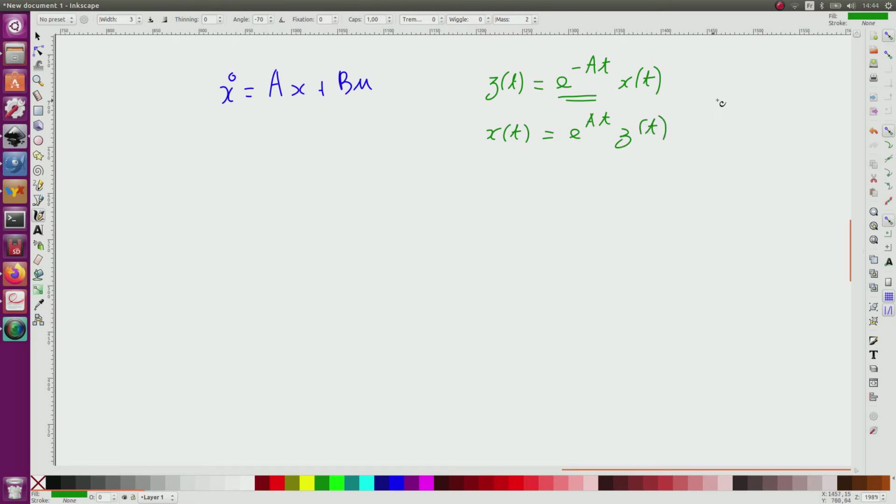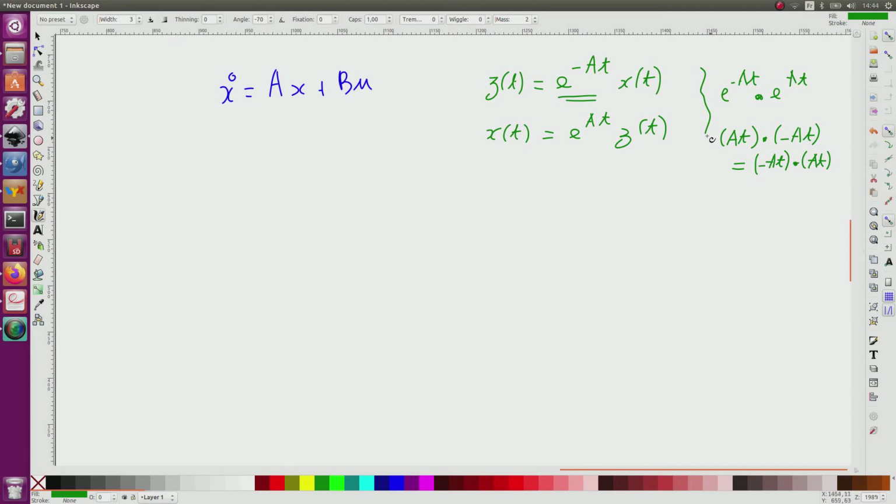So how can I check this? First, if I multiply these two matrices, because these two matrices commute. So what does that mean? It means if I take the matrix At, and I multiply by minus At, it is the same as minus At multiplied by At.